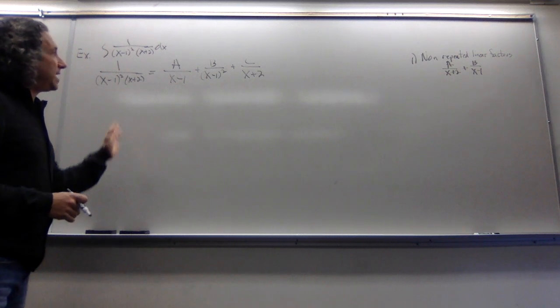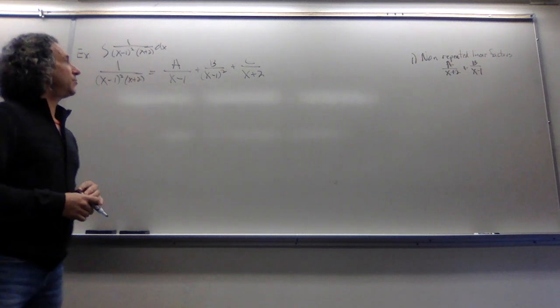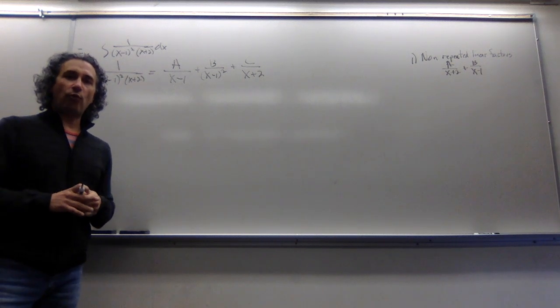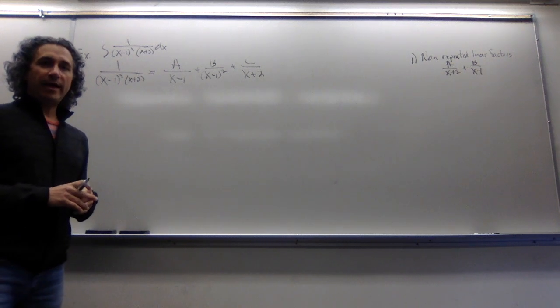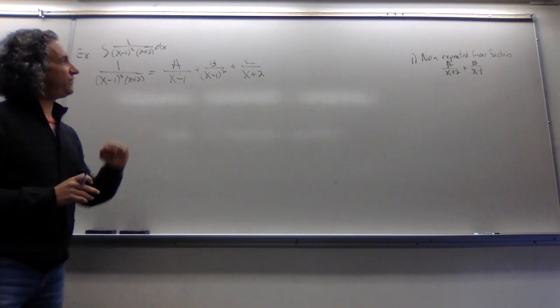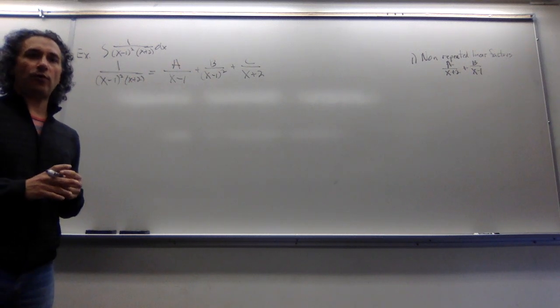And to do that, once again, we'll play the same game we played before. We'll find the least common denominator and then set the numerators equal. So I invite you to try that step before I go through it. If I were you, I would pause the video for just a couple minutes and see if you can find an equation that we could then use to solve for a, b, and c.